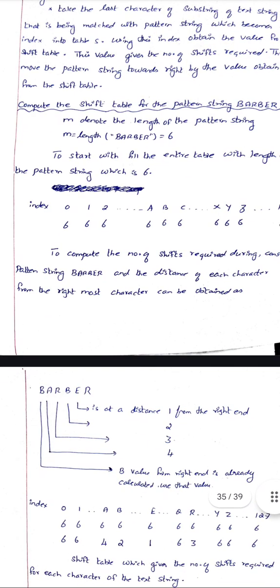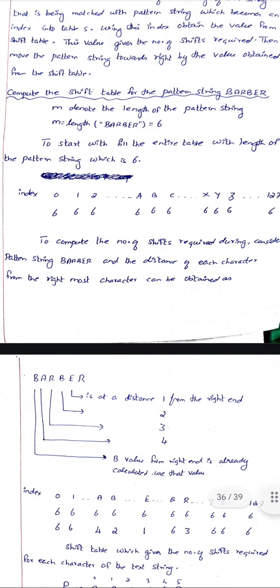Let us compute the shift table first. For the pattern string BARBER, we have a length of 6. Then for BARBER we have to give indexes for all the alphabets and numbers as the length of the pattern, but only for these.